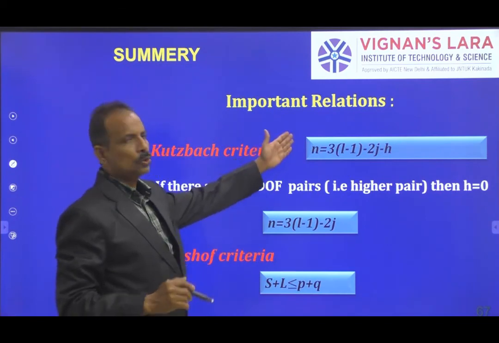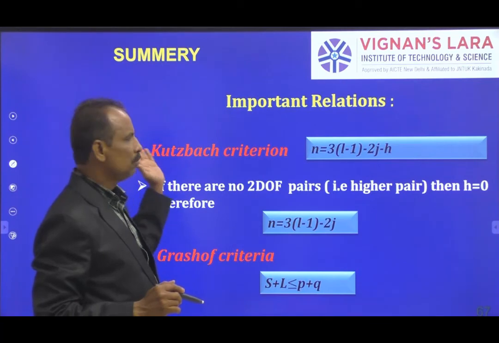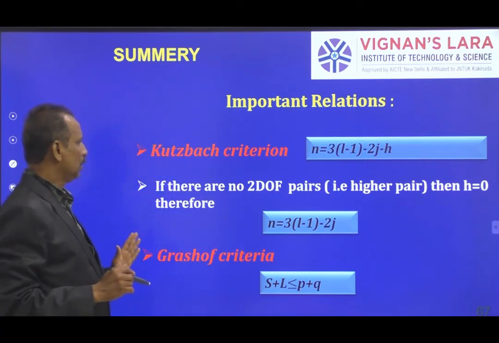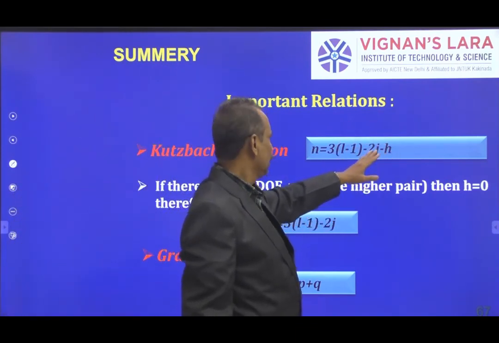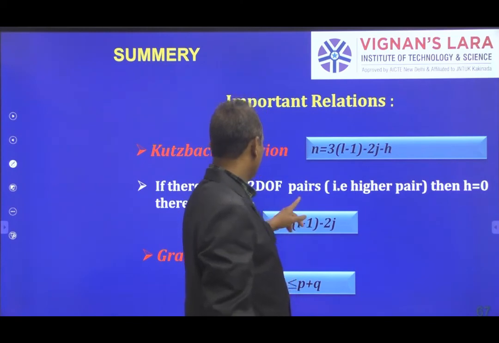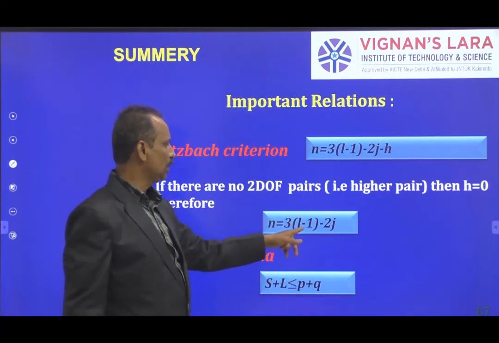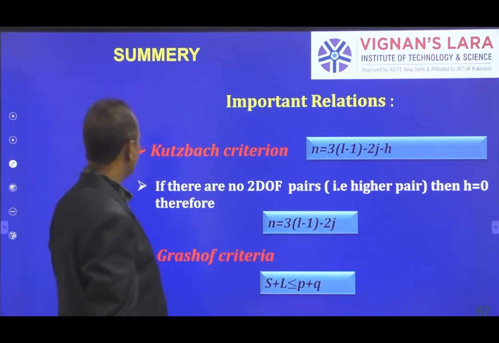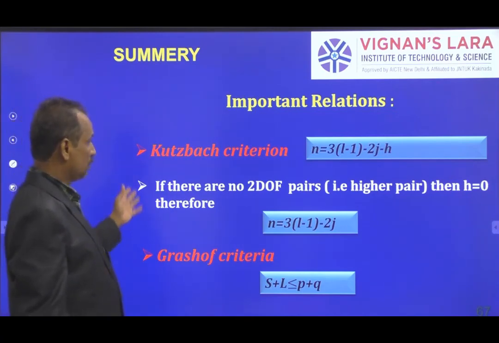The left hand side shows the degrees of freedom. Kutzbach's criterion is applicable to planar mechanisms. In case you don't have a higher pair, h becomes 0, and n = 3(L - 1) - 2j. This is sometimes called Grubler's criterion, as far as the degrees of freedom are concerned.